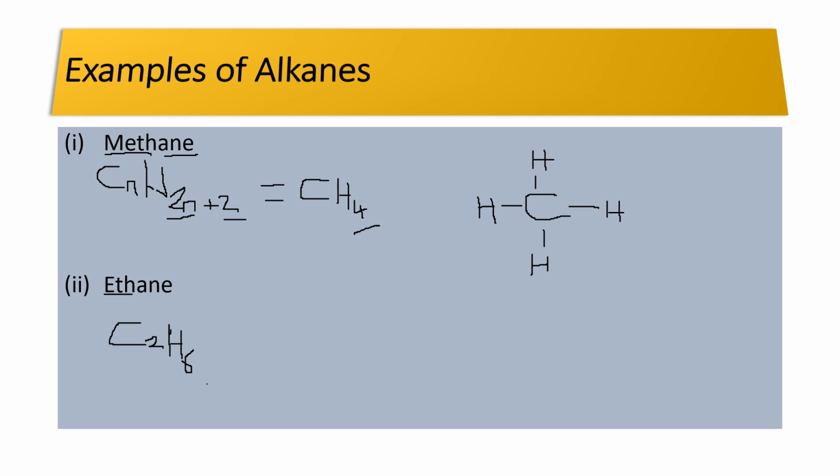Then the structural formula. We have 2 carbon atoms. We always start with the carbon atoms. It will be a single carbon to carbon bond, because alkanes have single carbon to carbon bonds. Remember I said each carbon atom should have 4 bonds. So the other sides are now replaced by the hydrogen atoms, which are 6 in this case.